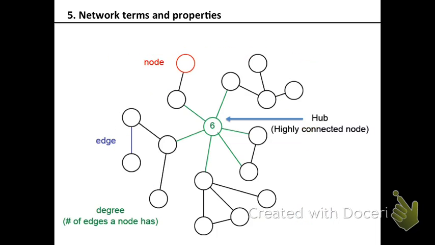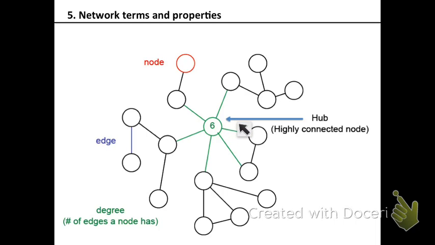All right, so another term in networks is hubs. For a given node that has a very high number of connections to other nodes, we call these nodes hubs, right?